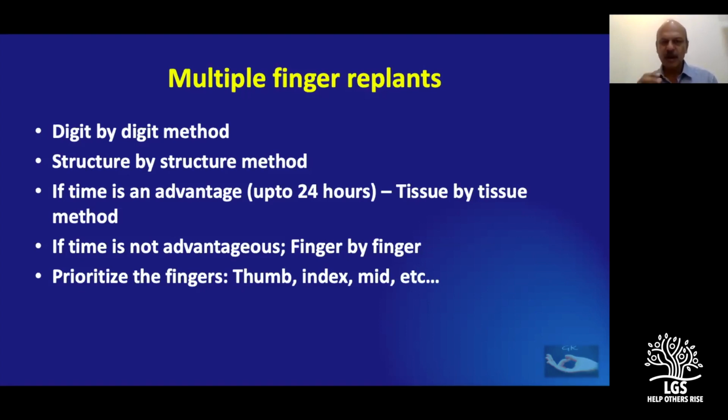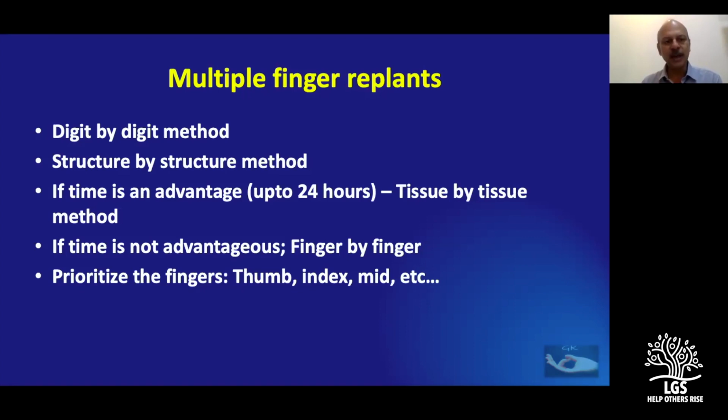But remember, when you do the digit by digit method, there is a small problem in that you may compromise the vascularity of one particular finger when you manipulate the next finger. So you can do the digit by digit method if you've got a lot of time.